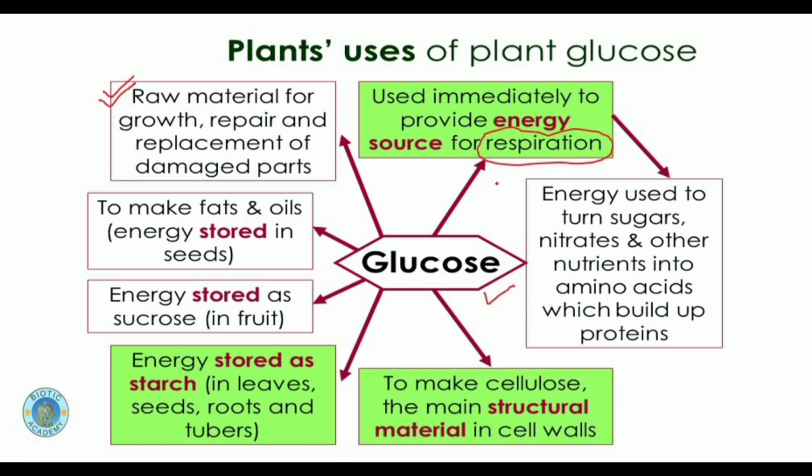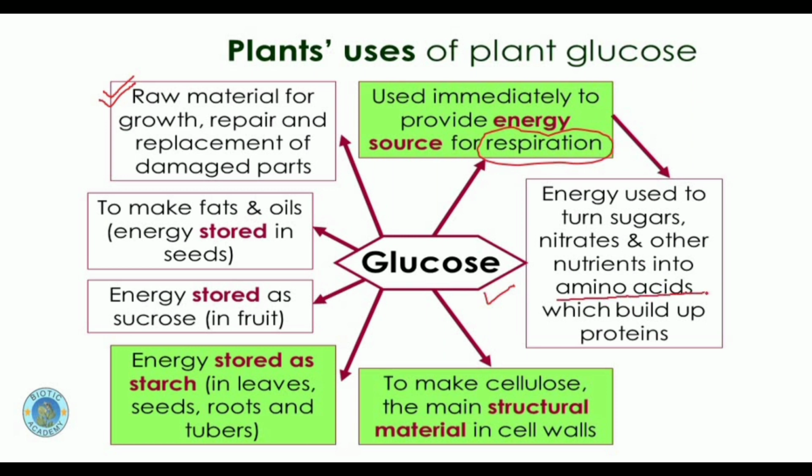Now the third one: energy is used to turn sugars, nitrates, and other nutrients into amino acids. This means for the formation of new amino acids, the plant has glucose, and that glucose is attached to the nitrate ions which the plant absorbs through the roots in order to make amino acids.